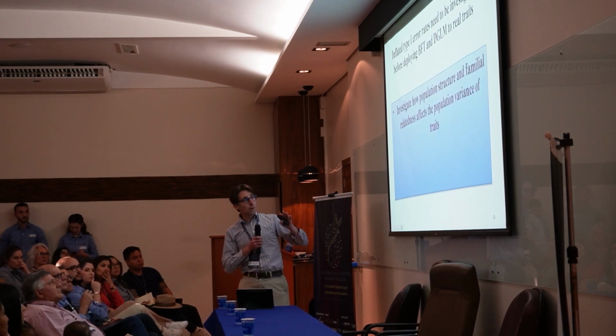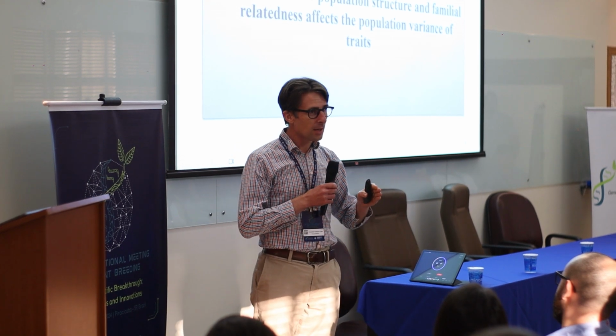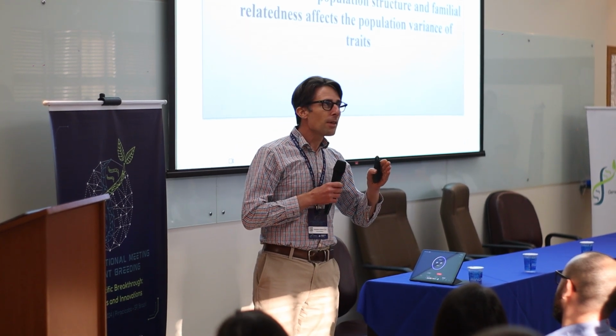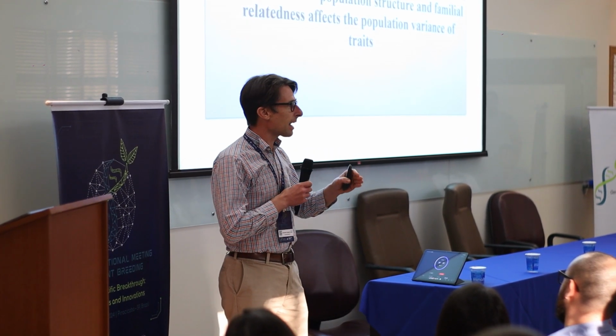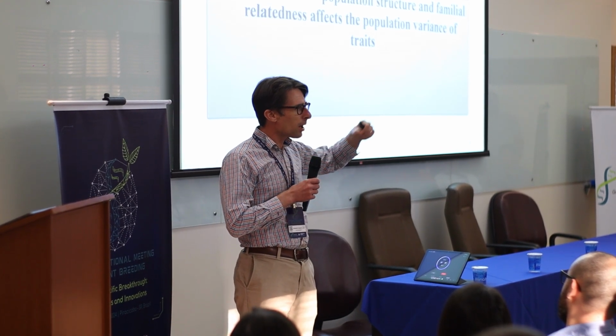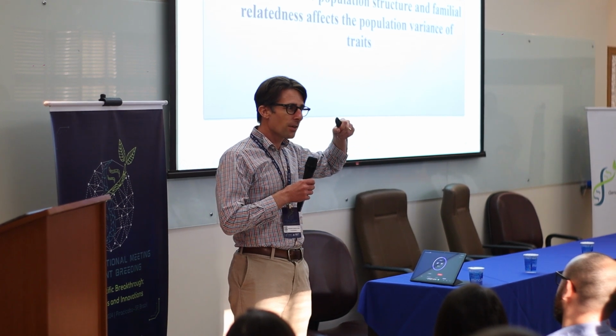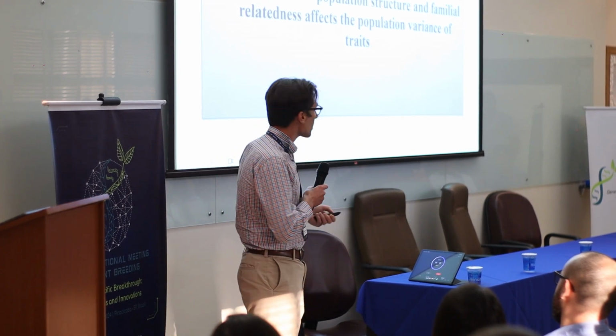So I think what needs to be done is this. From a quantitative genetics perspective, I think research needs to look at how population structure and relatedness affects not only the population mean parameter of our trait, but also how it affects the variance of the trait.